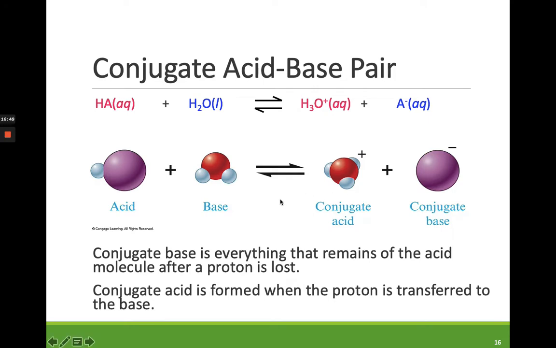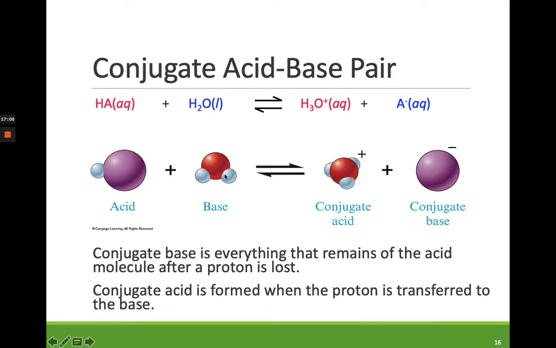The same thing goes with the base and conjugate acid. So take note that the conjugate acid is formed when the proton is transferred to the base. So just like this one. Let's assume that this is water.